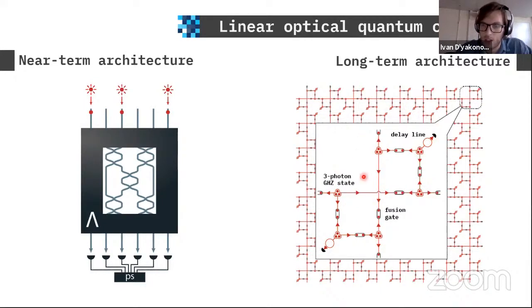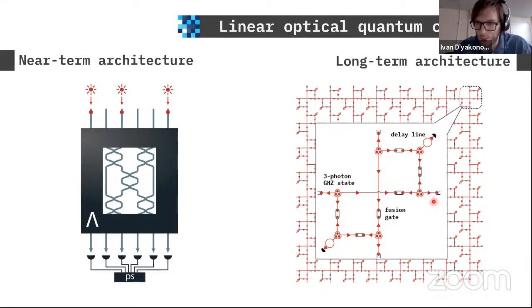This one is a bit different because the photons generated here don't have to traverse the whole circuit like in the near-term architecture on the left. So this one is actually less prone to losses. This approach really could be scalable potentially, and this is what PsiQuantum tries to develop, I suppose.